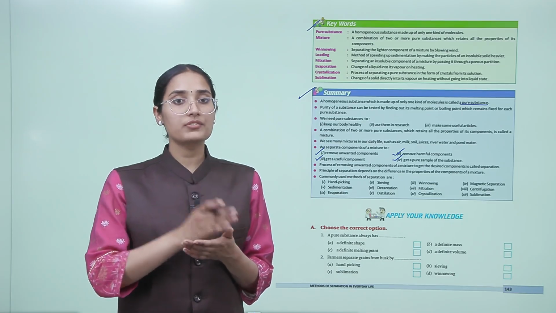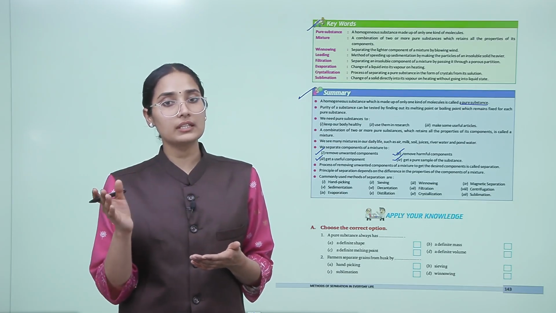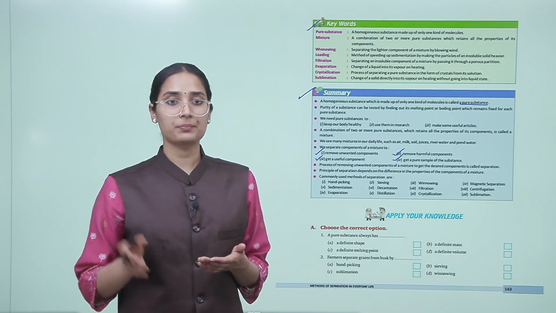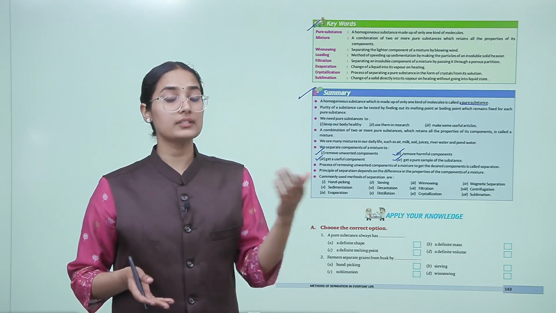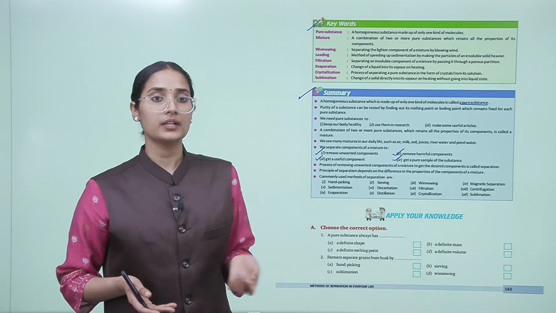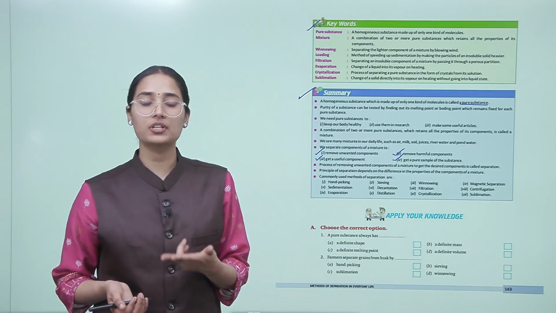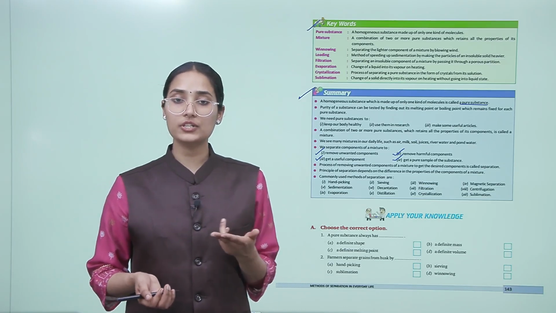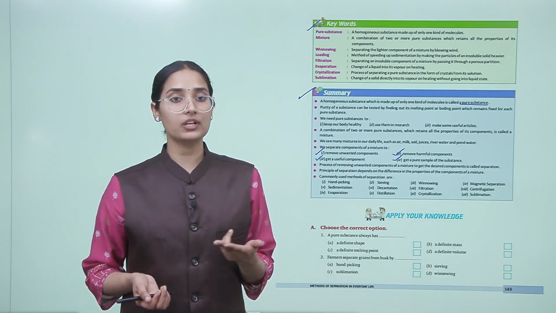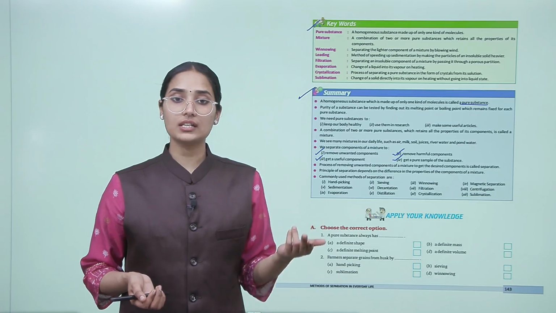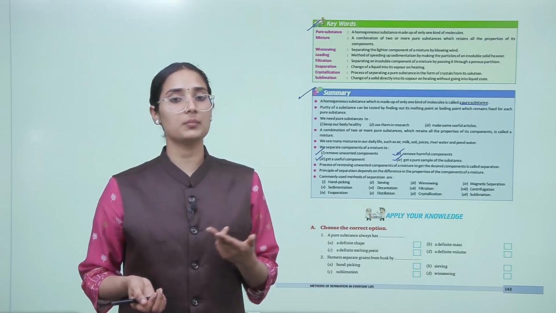The principle of separation depends on the difference in the properties of the components of a mixture. Commonly used methods that we discussed in this chapter are hand picking, sieving, winnowing, magnetic separation, sedimentation, decantation, filtration, centrifugation, evaporation, distillation, crystallization and sublimation.